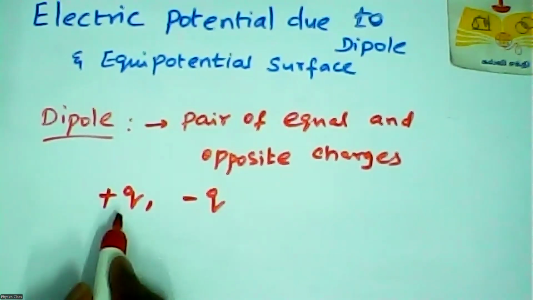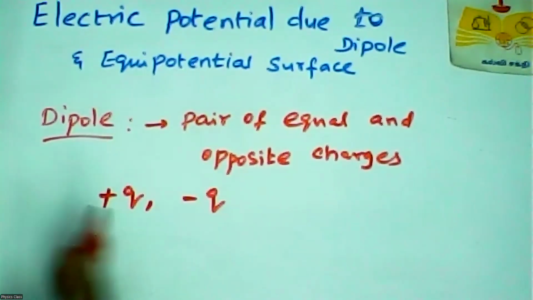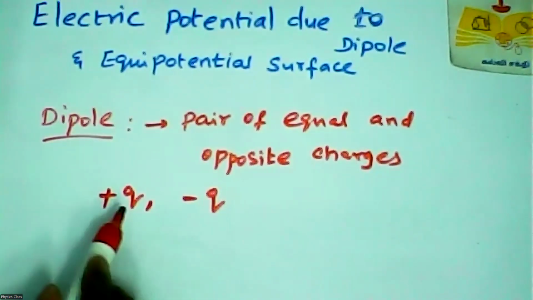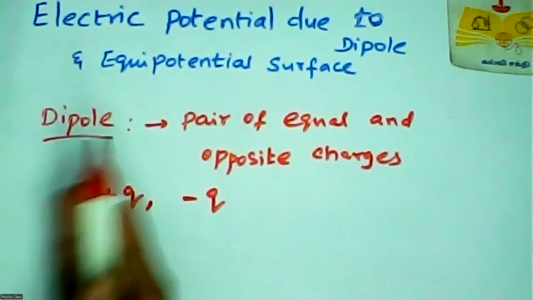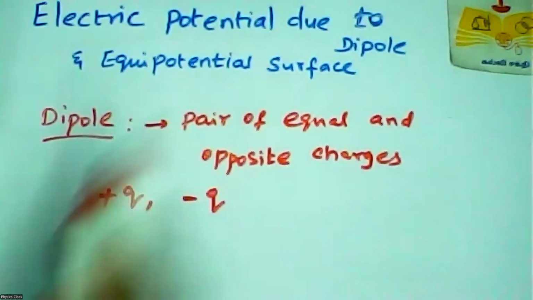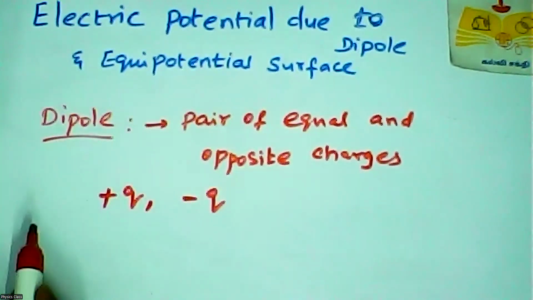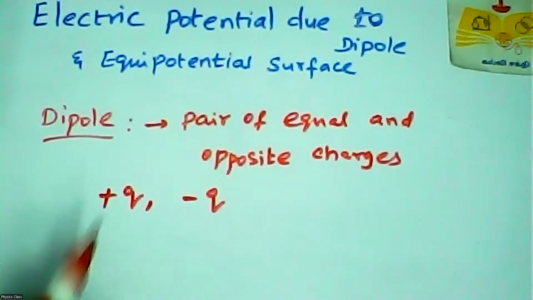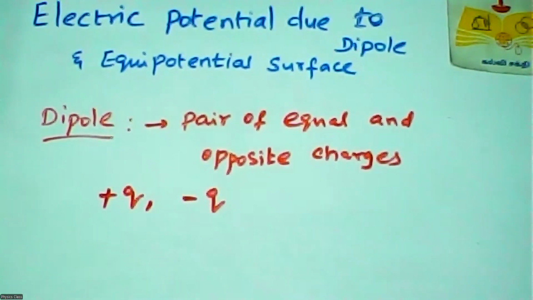This is a positive charge, this is a negative charge, and their magnitudes are equal. For example, this is plus 5 coulomb and this is also minus 5 coulomb. This is 7 nanocoulomb and this is also minus 7 nanocoulomb. So equal value, but opposite charges.